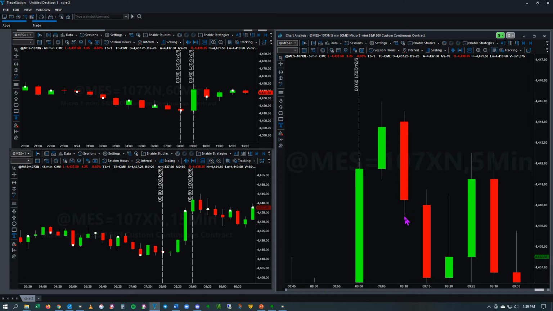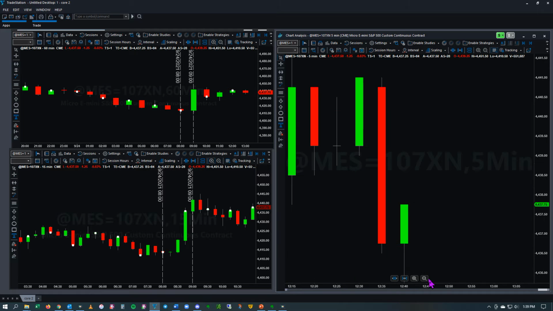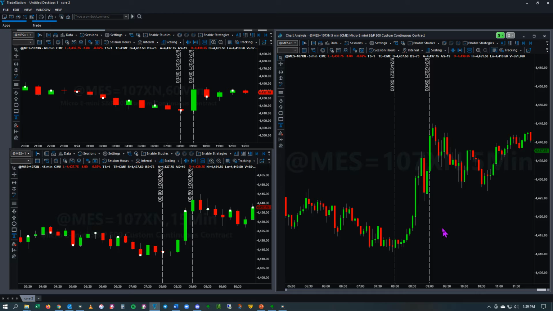And it actually at some point came down much lower, found some demand, and recovered a little higher. So when we think about candles and what is occurring with price action as a supply and demand trader, one of the things that we want to think about is what is going on with price action.